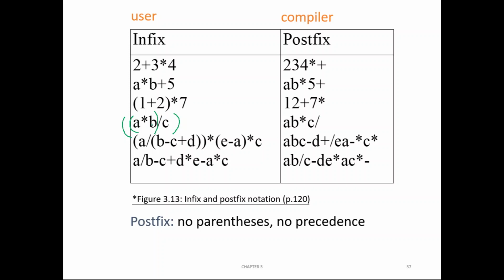The innermost bracket is A star B, and the operator involved there will replace the closest closing bracket. Next come to the next outer bracket, and there the slash will replace the next closing bracket. So this becomes AB star C slash. This is how it will evaluate.